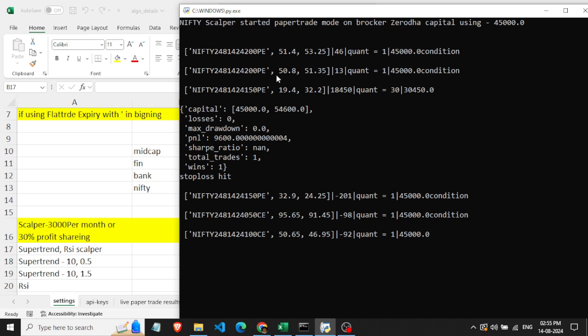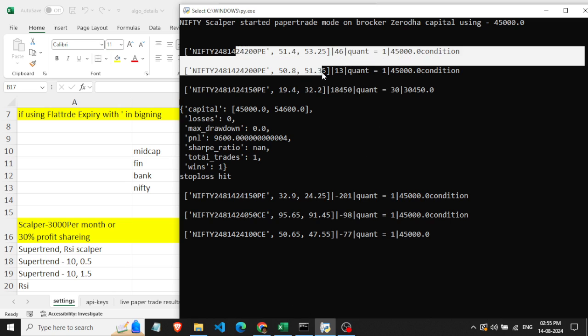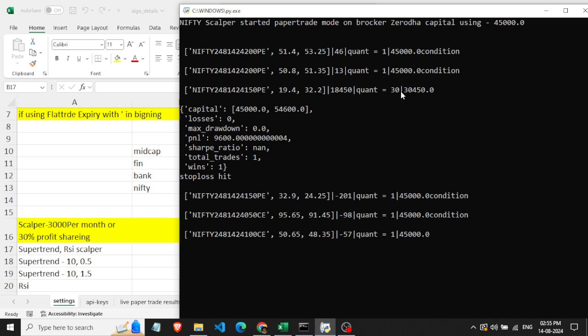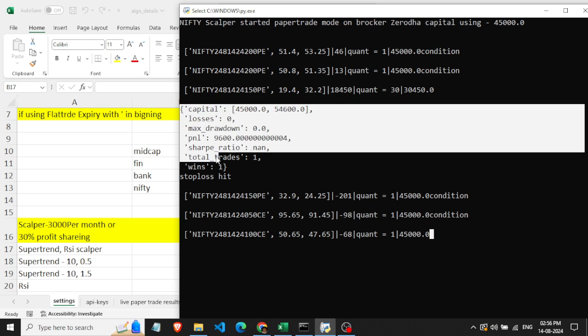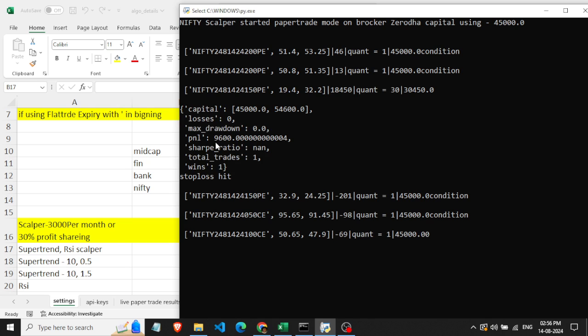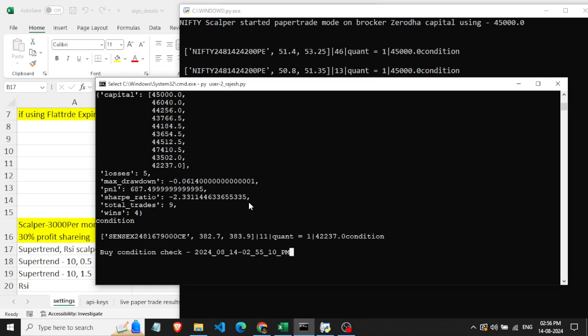Only when the trade is moving in our good conditions, then only we will enter with 30 lots, 20 lots or 10 lots, something like that. That's the reason we are seeing one quantity here. But when we see 30 quantity, we can see the profit the algo has taken.